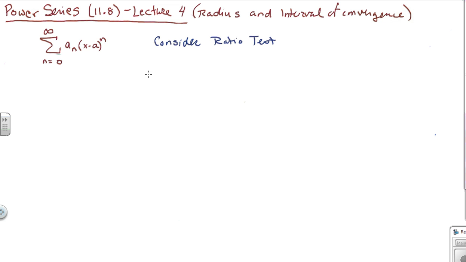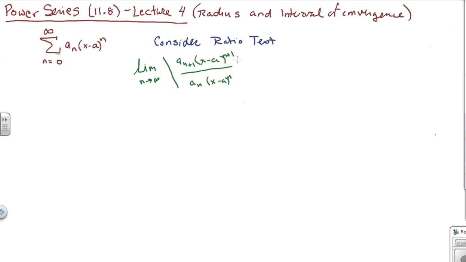So I'm going to look at the limit as n goes to infinity of the absolute value of a sub n plus 1, the n plus first term, x minus a to the n plus 1 over a sub n, x minus a to the n.